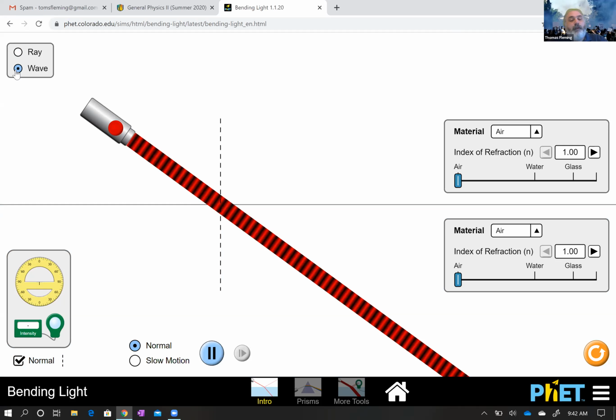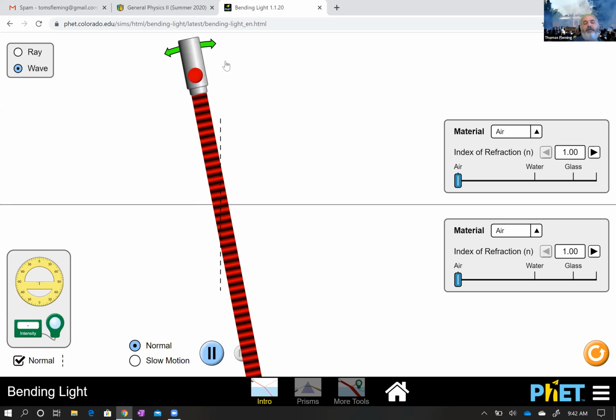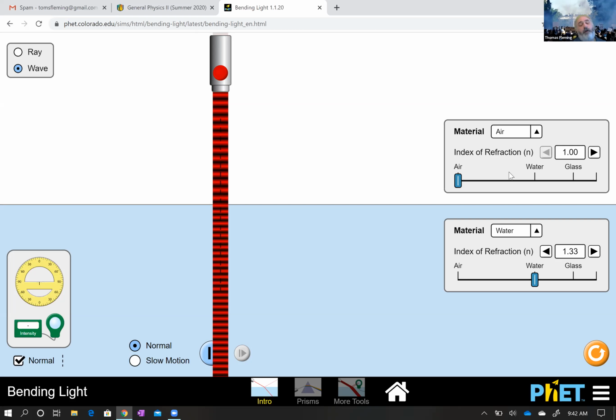Now, if I take my laser beam and move it so that it shines directly down, and I shine this down from air into water, you'll notice that the beam that enters the water doesn't bend, right? It just travels straight from the air into the water with no refraction at all.